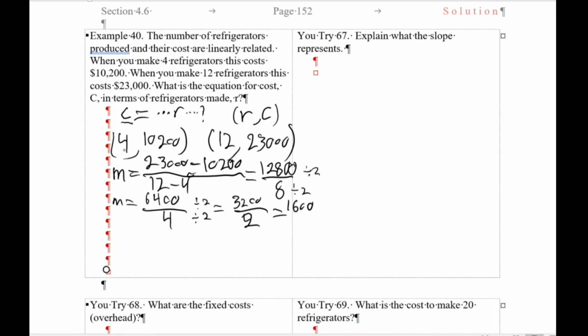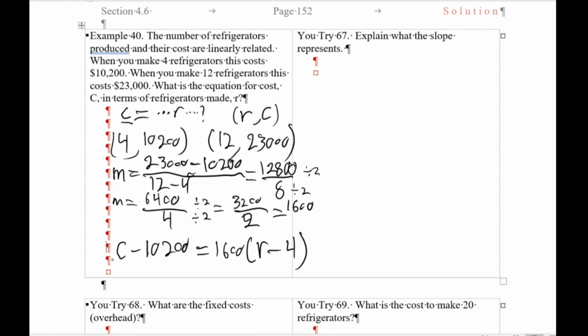I'll plug in the point (4, 10,200). So y minus my y value, oh no, we're not using y. Here we're using C. C minus 10,200 equals m, which is 1,600, times, instead of x, my first coordinate is r, minus the r coordinate, which is 4.